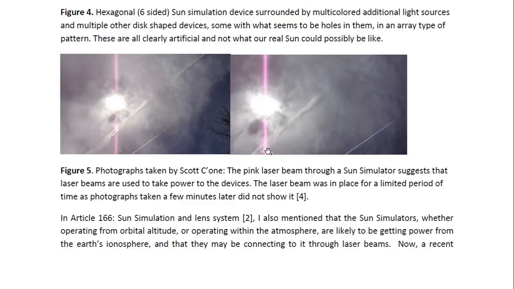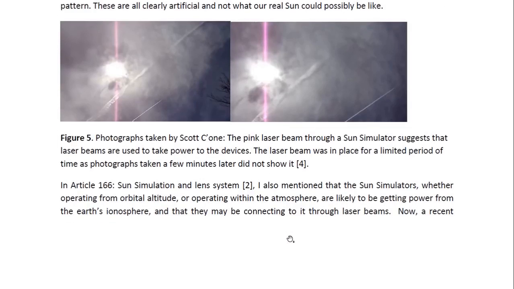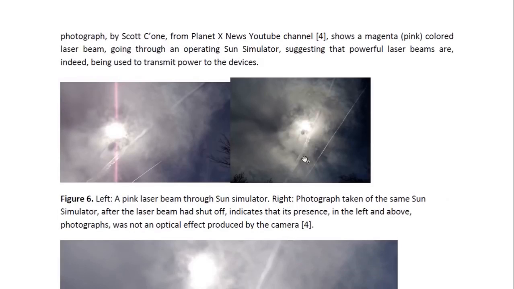As you can see, it looks brighter here. And this is a little later as this chemtrail has spread further. And a little while later, there was no pink light beam, so that shows this is not an effect from the camera. This was actually a light beam shining right through the device for a limited time period.